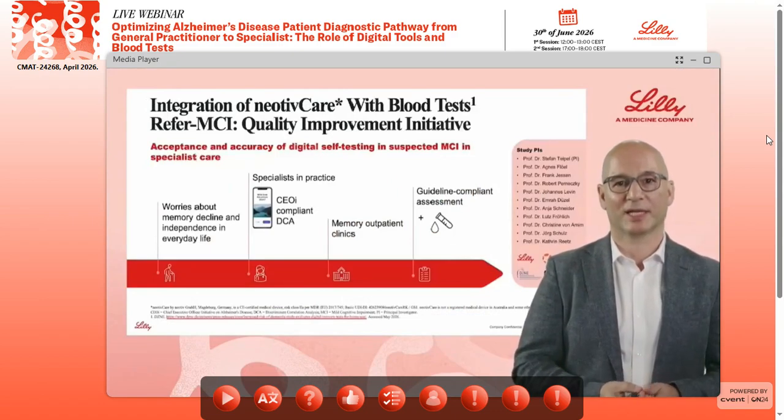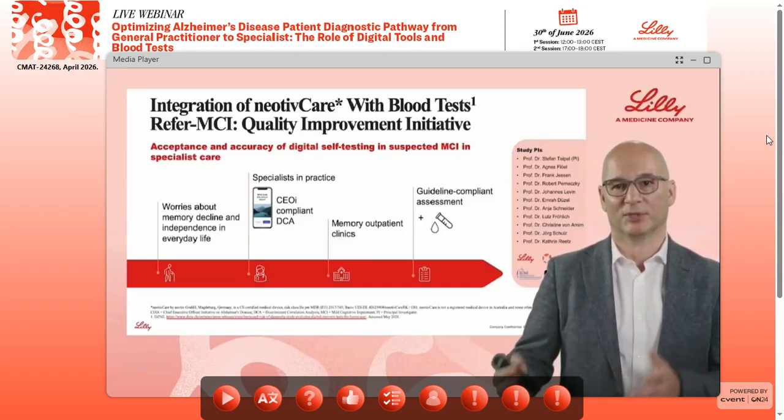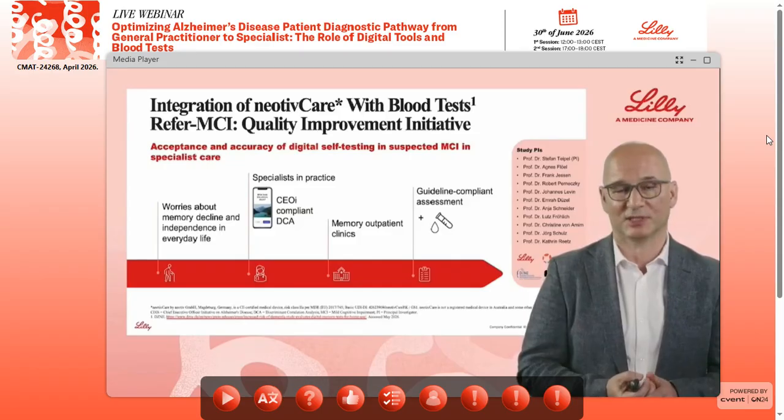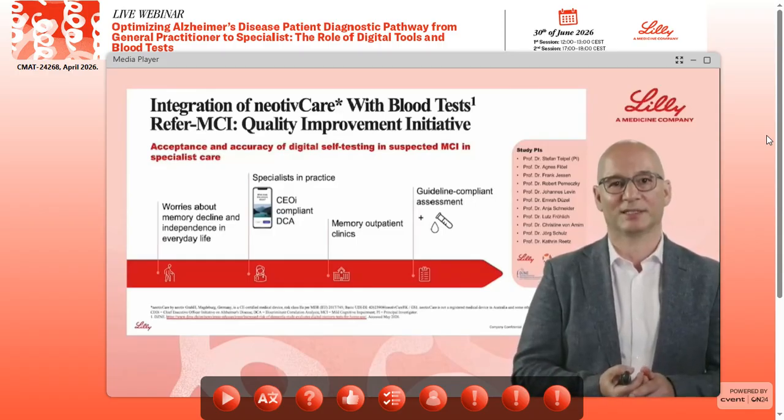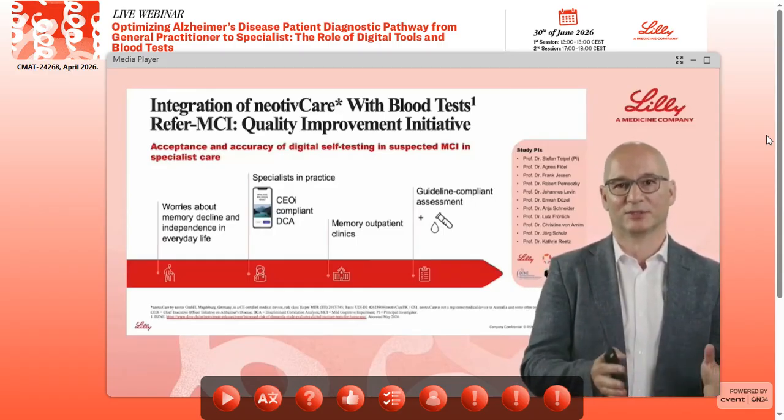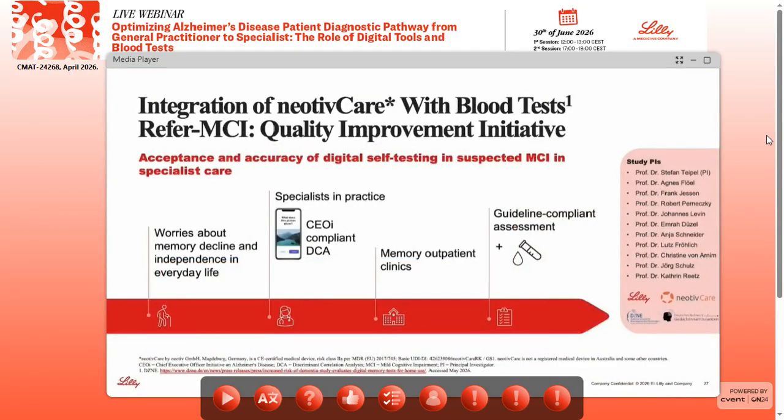We are also, together with the support of Lilly and in collaboration with the German Center for Neurodegenerative Diseases and the German Network of Memory Clinics, evaluating how we can implement such technologies in the handover from specialists to memory clinics and then combine them with blood-based biomarker testing. So in the Refer MCI Quality Improvement Initiative, we are implementing this in a specialist setting.